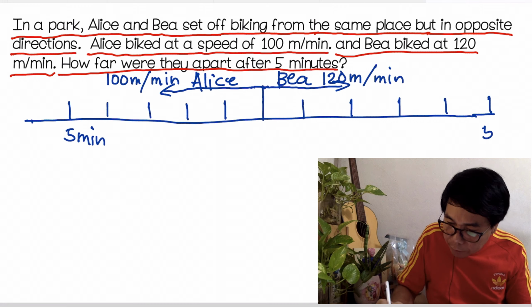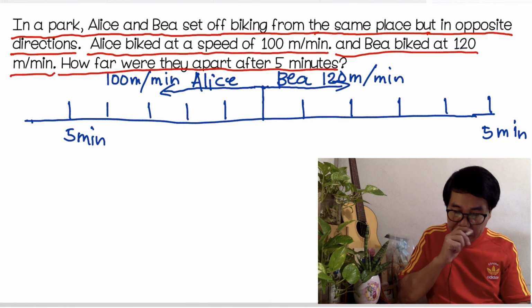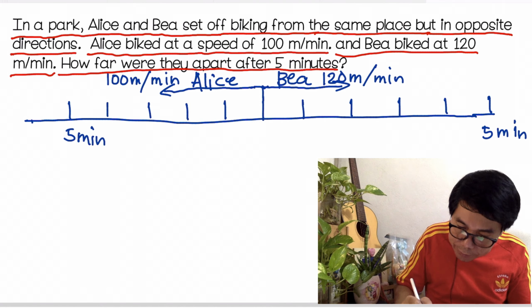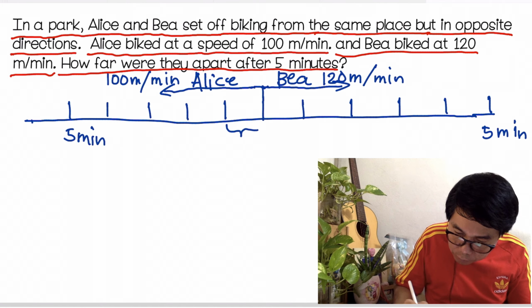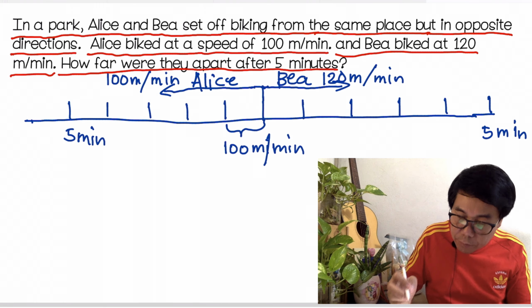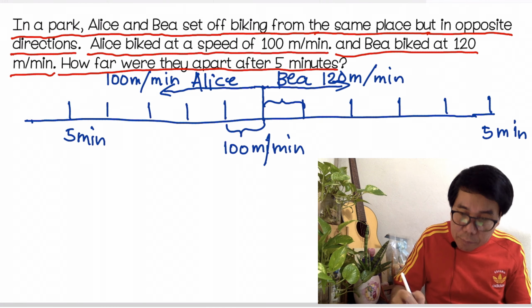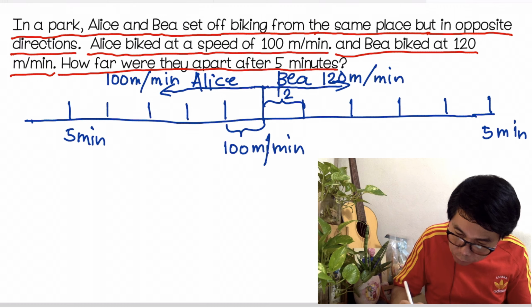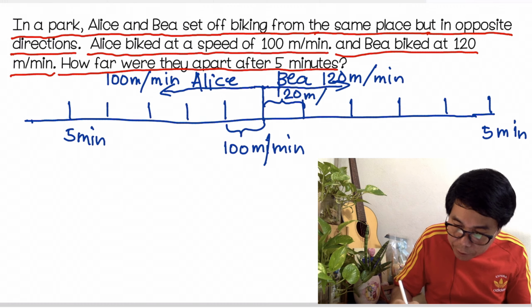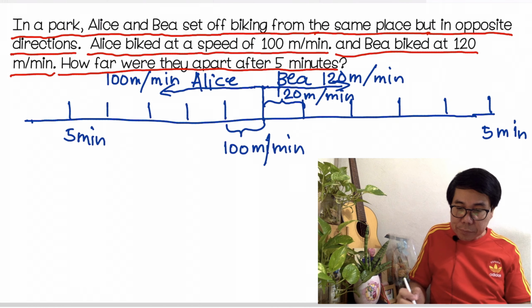This is 5 minutes. For Alice, 100 meters per minute. For Bea, 120 meters per minute. Now, what are we going to do?